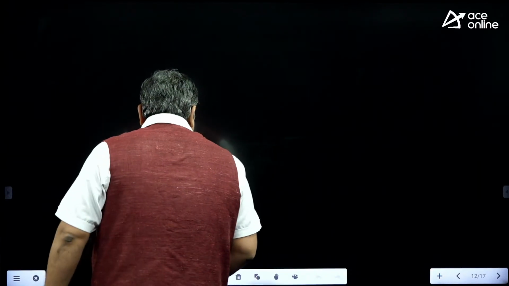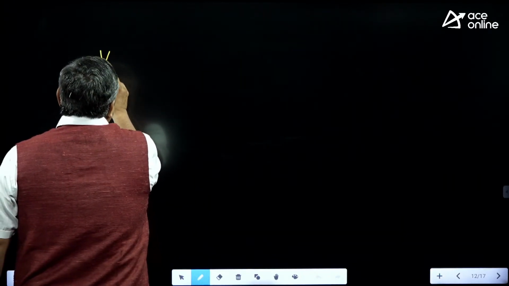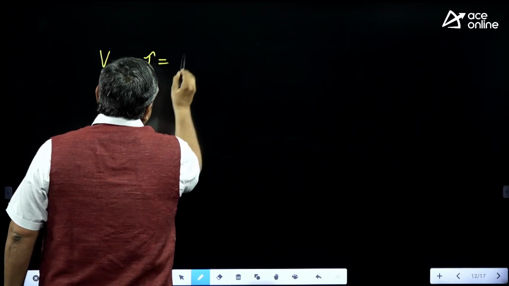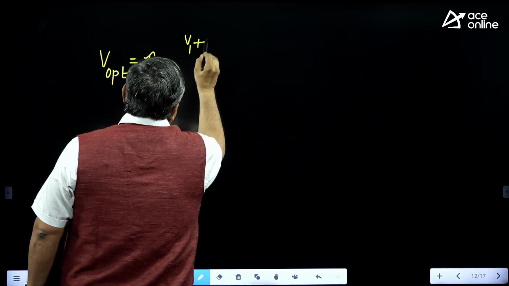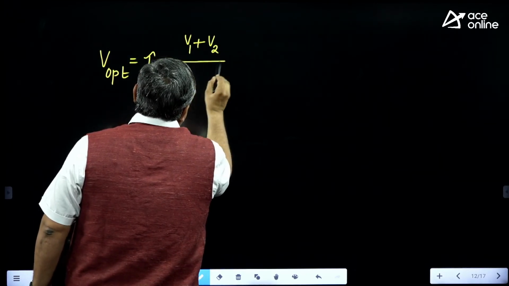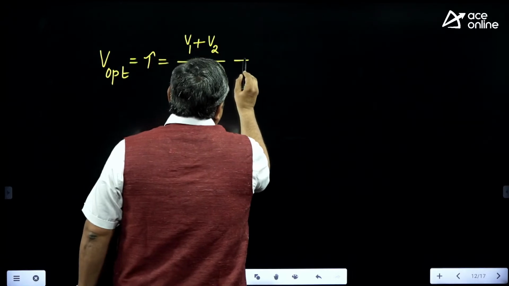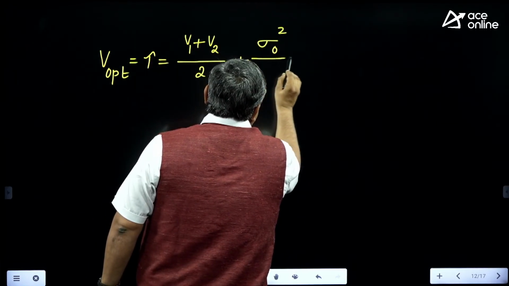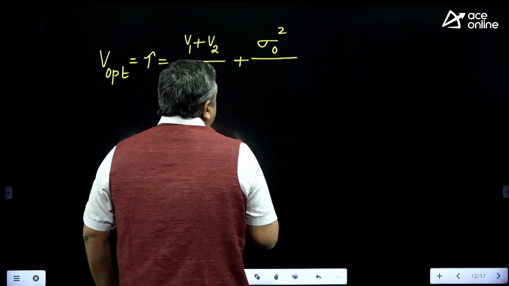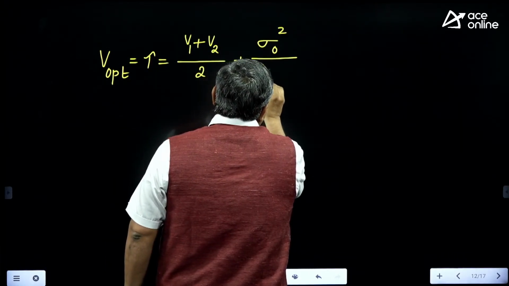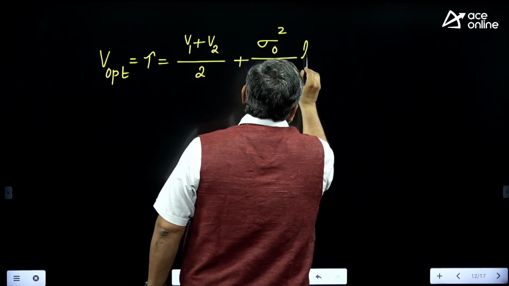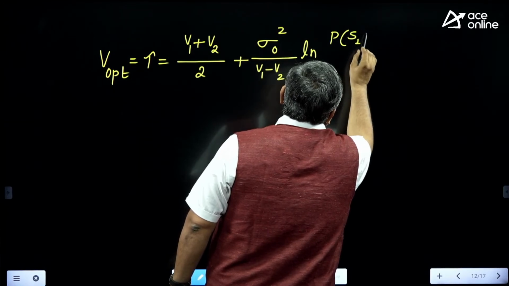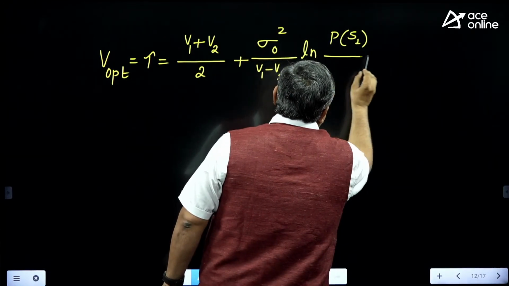The value of this optimum threshold voltage in this question, represented as tau, should be equal to (V1 plus V2) by 2 plus sigma naught square, the variance of the noise after getting processed, divided by V1 minus V2, into natural logarithm of P of S2 by P of S1.